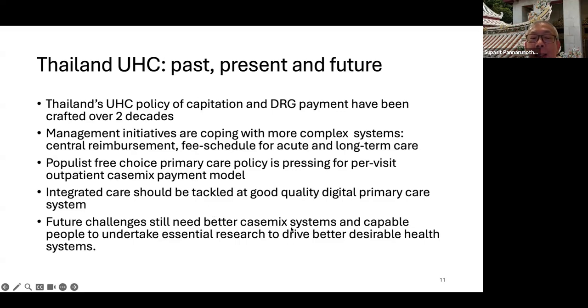So a lot of research, capacity building of human resources, and infrastructure is needed to undertake essential research to drive a better, desirable health system.